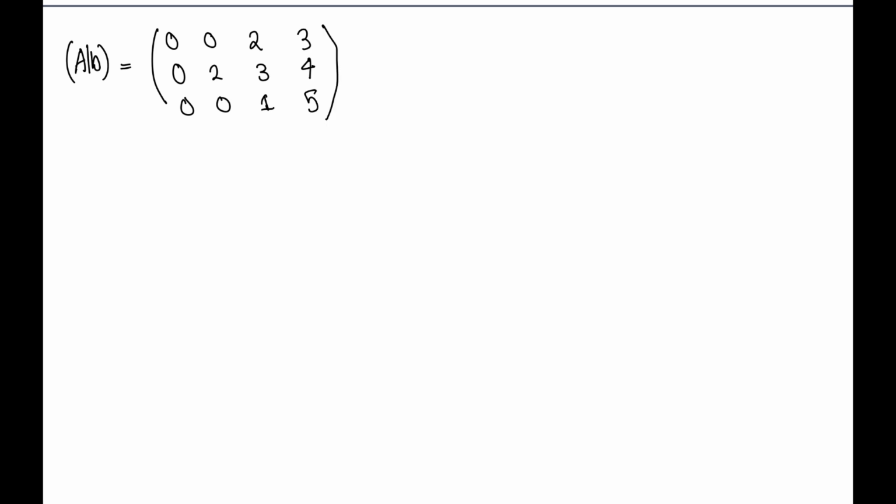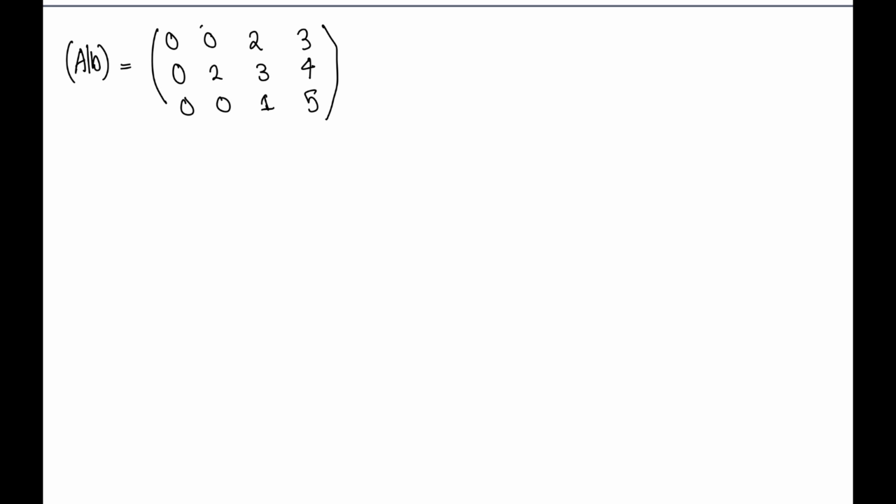If we do another example, let's say we have this augmented matrix, which was 0, 0, 2, 3, 0, 2, 3, 4, 0, 0, 1, 5. So first step is find the leftmost column that is not all zeros.